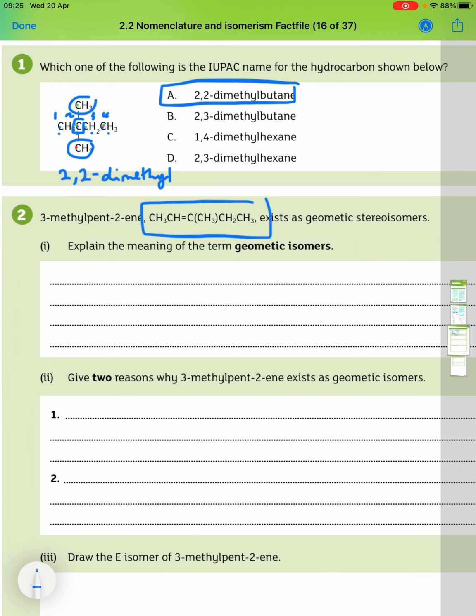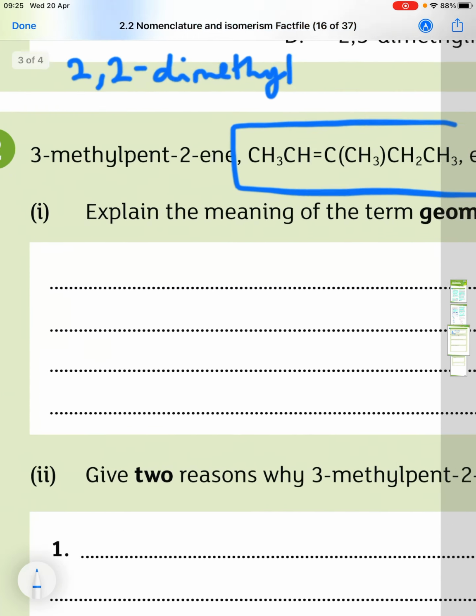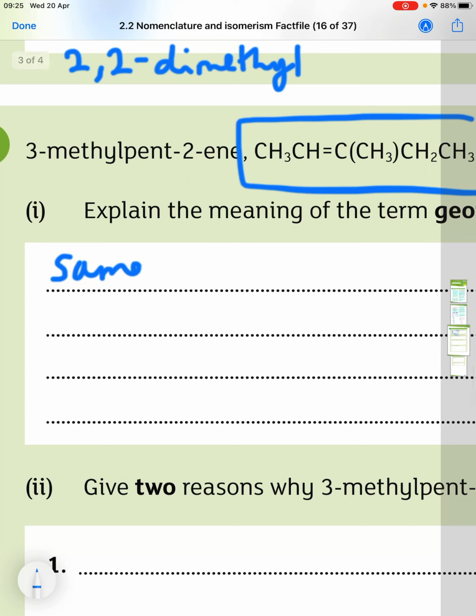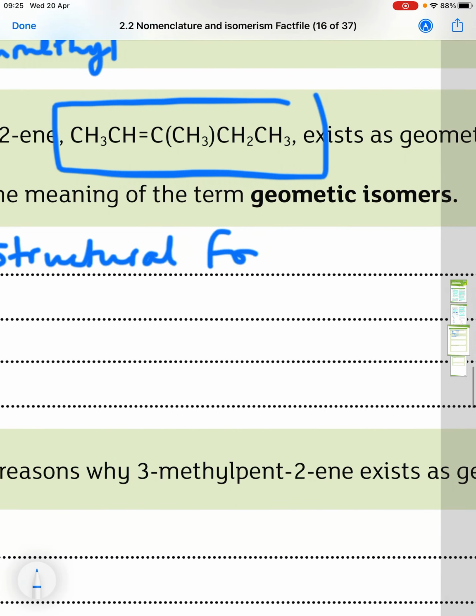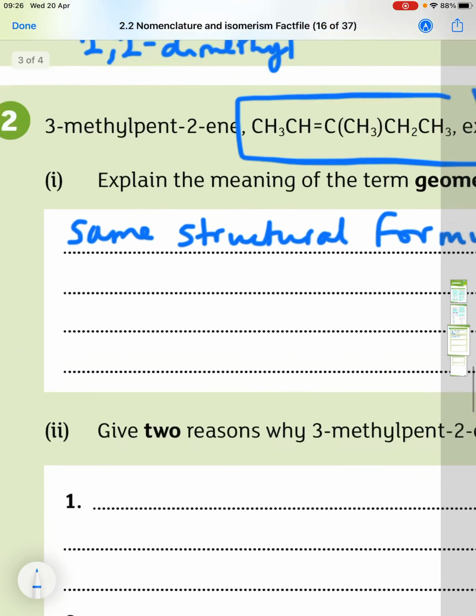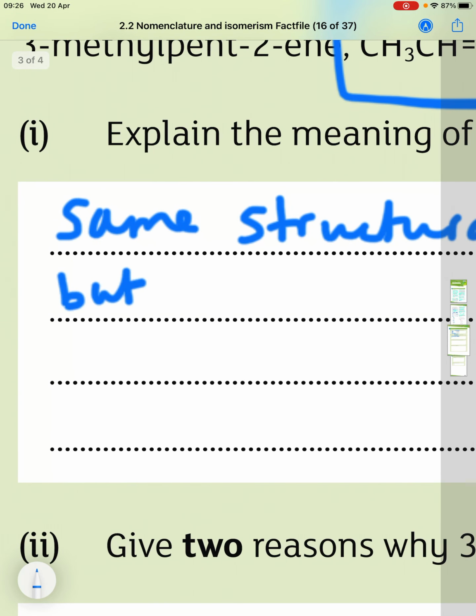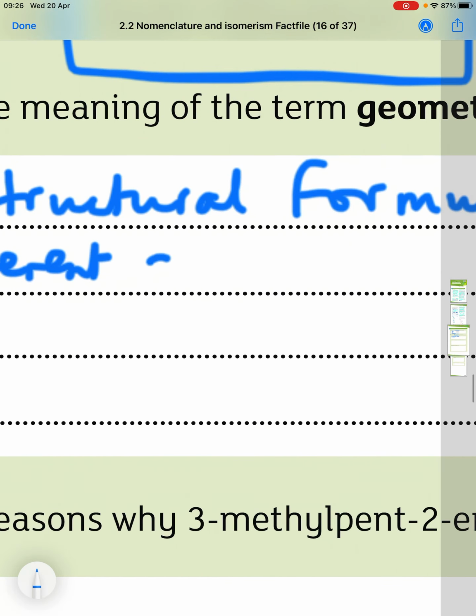Question 2. 3-methylpentene, which is given here, exists as geometric stereoisomers. Explain the meaning of the term geometric isomers. So we're looking simply for the same structural formula, but a different spatial arrangement.